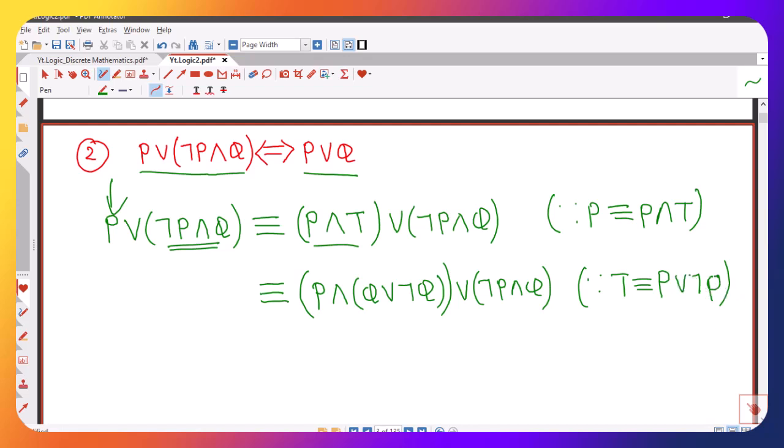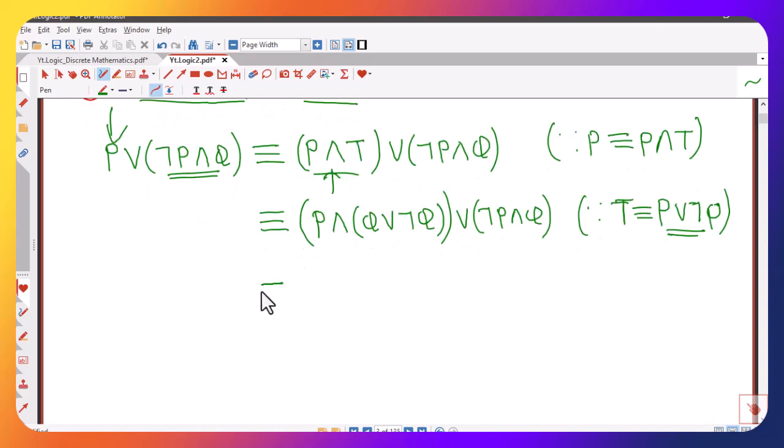P or negation P is always a tautology that we can write as capital T, and here Q is missing, therefore I am using this logical equivalence by replacing P by Q.